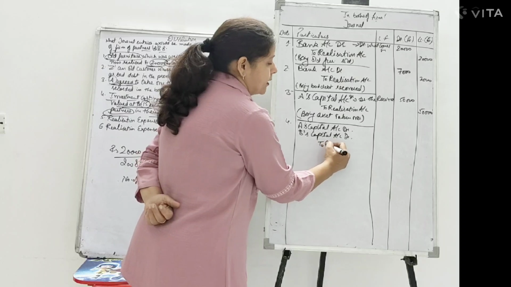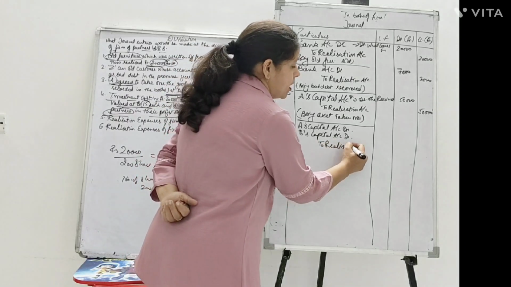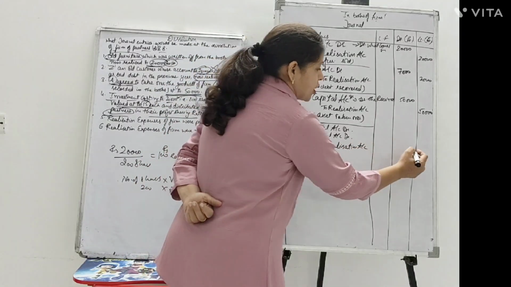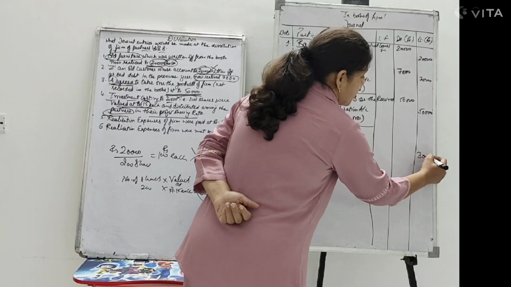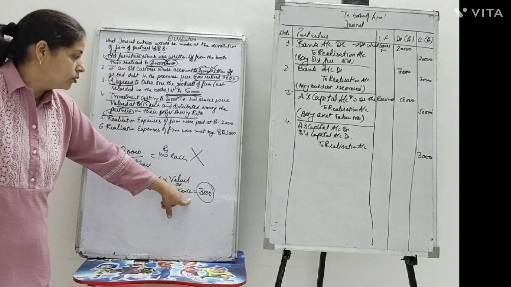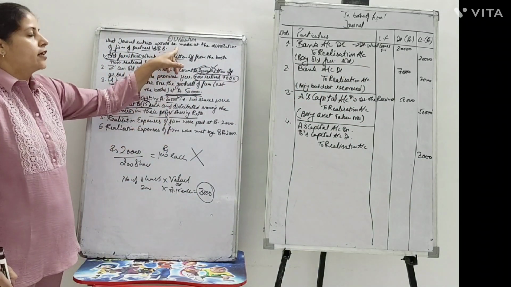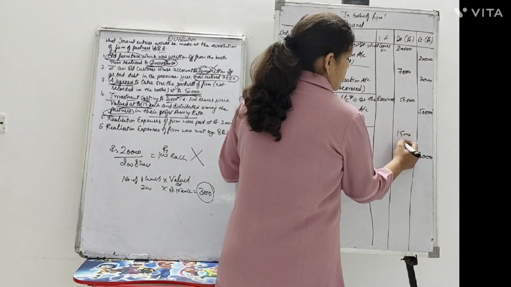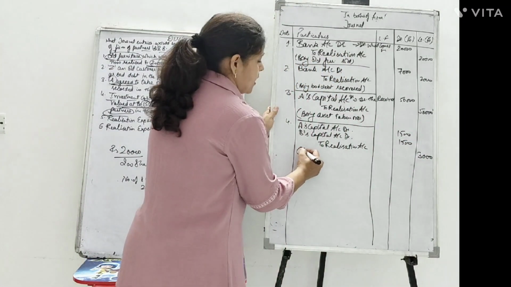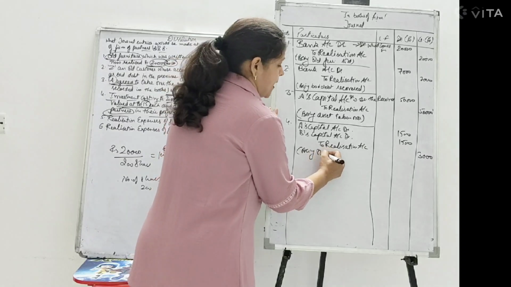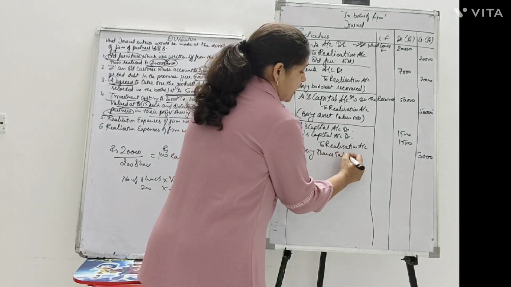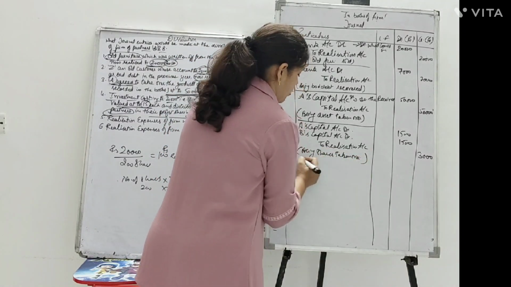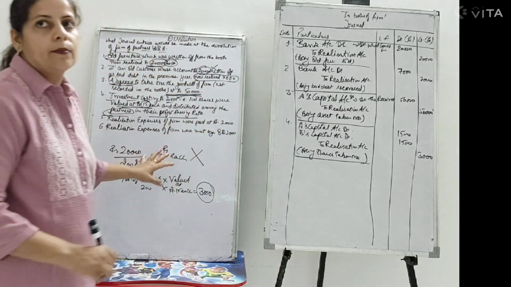Which account is credited? Realization account. What is the value of the share on the dissolution date? That was 3,000. No profit sharing ratio is given to us, so it will be distributed equally, being shares taken over by the partners. This is the narration we put here. This is also done, point number 4.